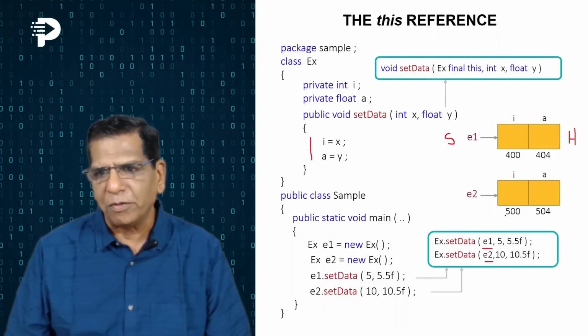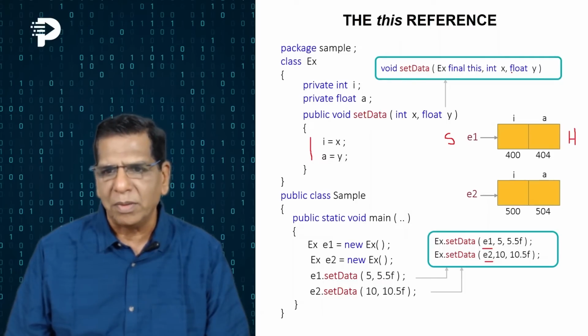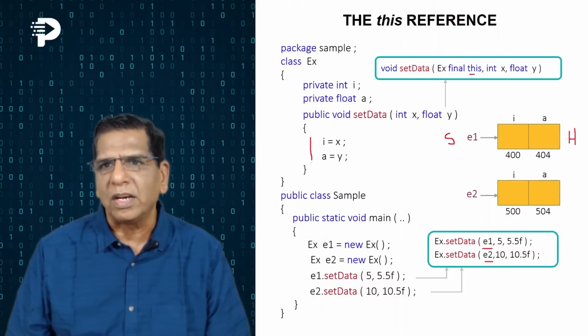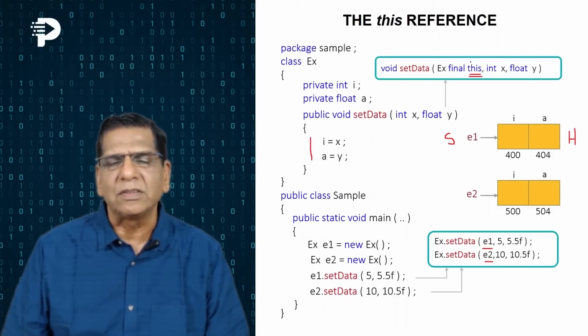So 5 and 5.5 or 10 and 10.5 get collected in x and y, that's no problem. But e1 or e2 that I pass gets collected into a reference known as the this reference. It is an Ex this, meaning it's a reference of the type Ex.